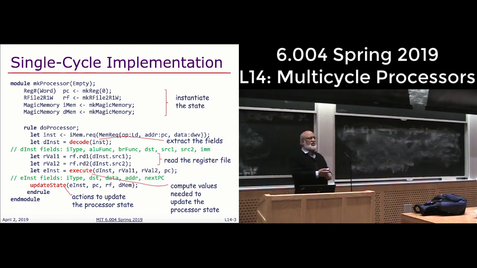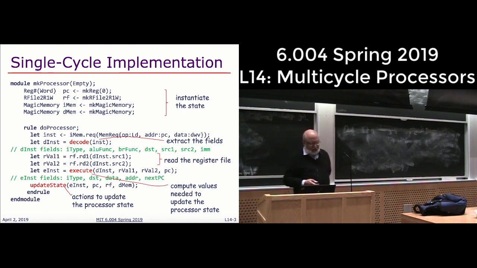Because the next value of the program counter is not simply PC plus 4. It depends on what instruction it was. Whether it was a jump instruction, whether it was a conditional jump instruction. So if it's taken, it's something else, otherwise it's PC plus 4. So there is a lot of stuff that execute has to do.